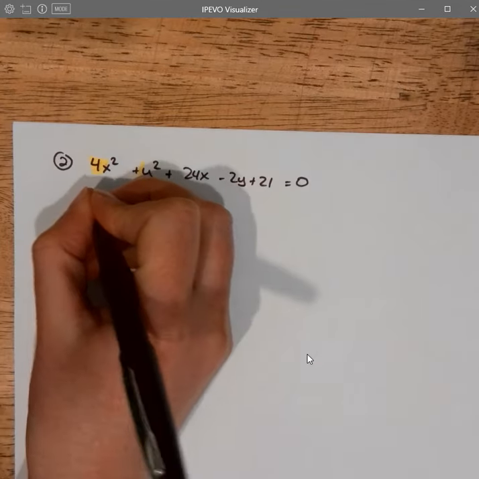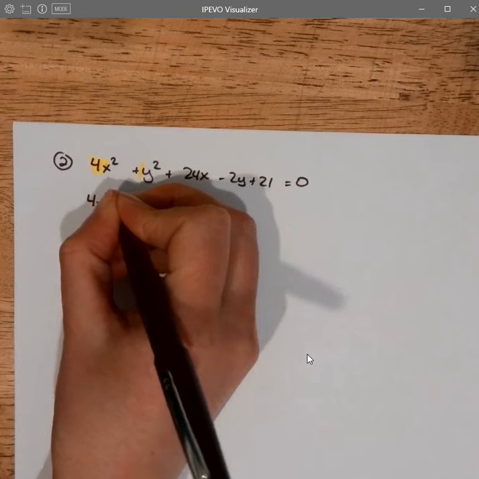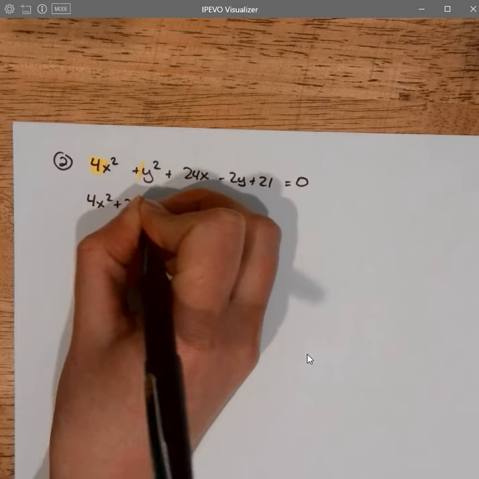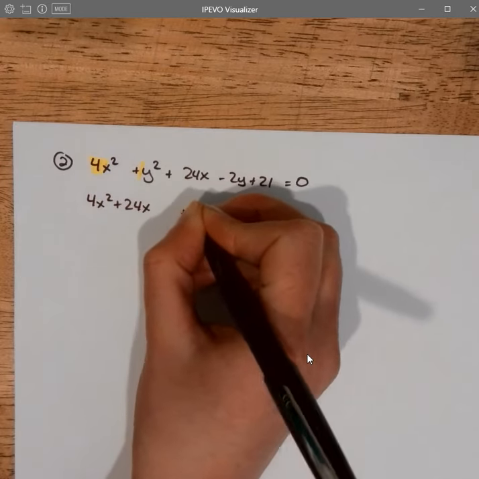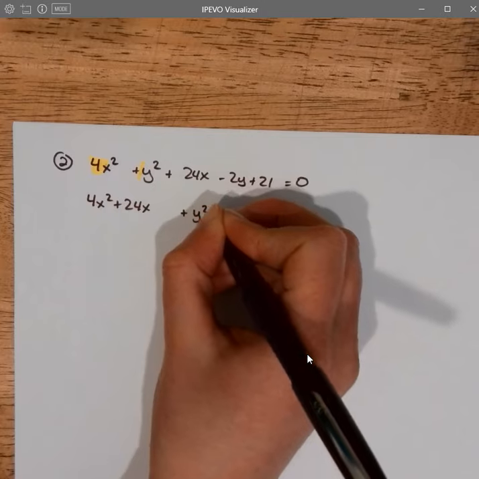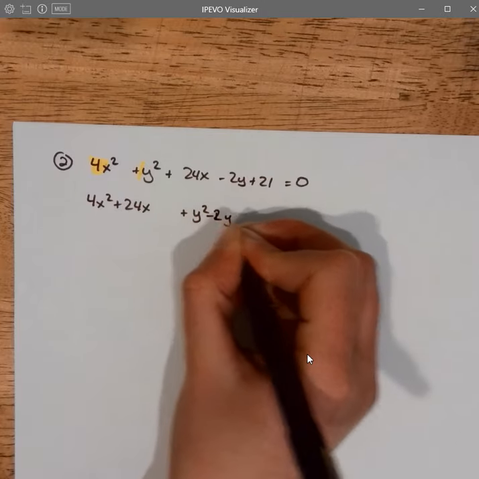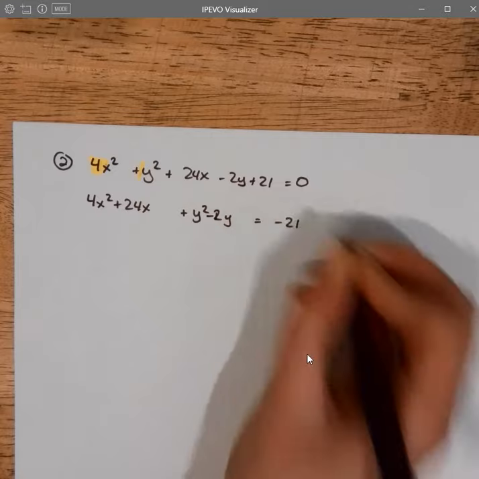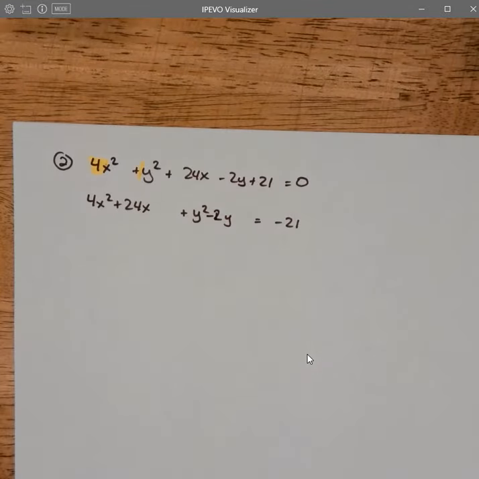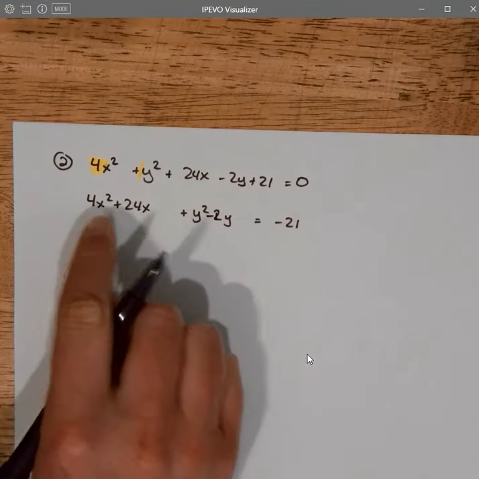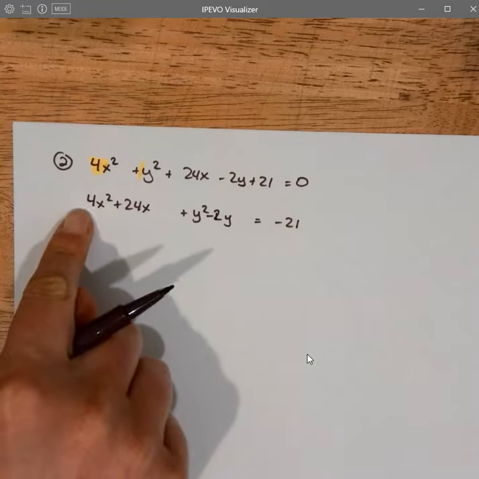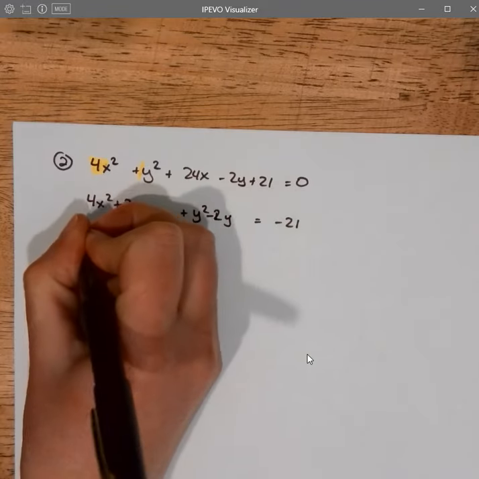So I'm going to gather all my x's together. So 4x squared plus 24x plus y squared, oops, I almost wrote a plus there, so minus 2y, and then equals, we'll just pull that negative 21 over to the other side. Okay, so I actually can't complete the square with the coefficient, so the first thing I need to do is factor out that 4.